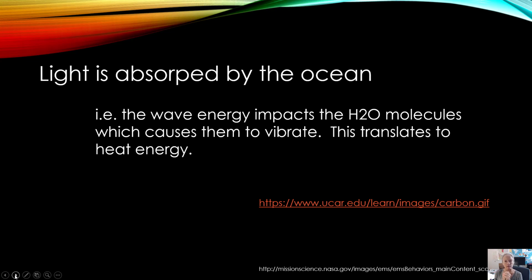When it takes in the energy, absorbs it, it warms it up. Warming of the ocean is actually a big environmental concern. The ocean is warming. It's been warming for quite a while, mostly because of anthropogenic activity, meaning human-caused activity, of us burning fossil fuels. But we'll get into all that later. So anyway, it translates into heat energy when it absorbs that energy.